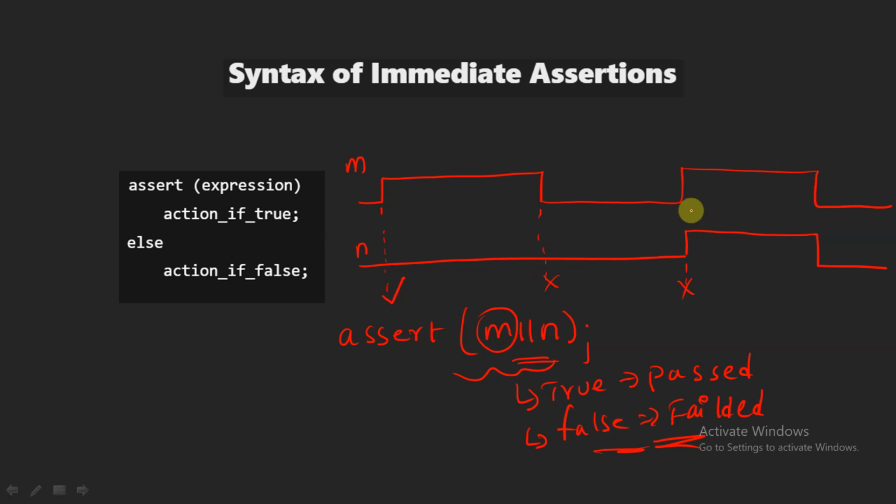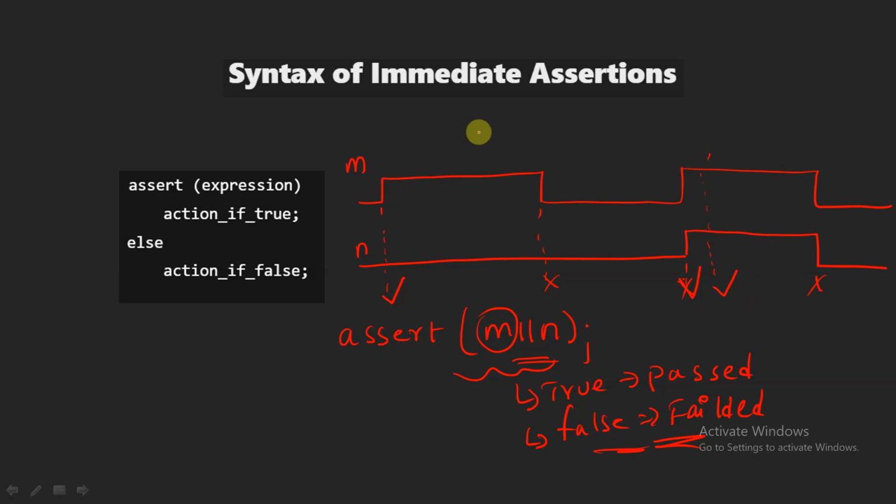And here m is equal to 1 and n is equal to 1, so it is going to pass. Again it is going to fail here. Like this, the assertion checks whether the values of m and n are true or false. Here it passes, and here also it passes.